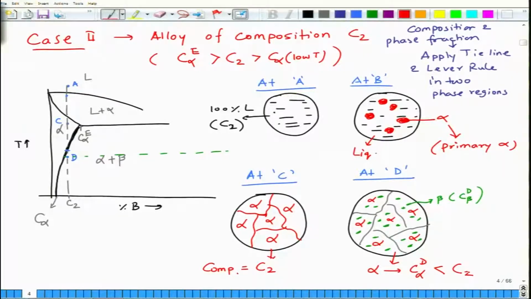Okay. So, basically an alloy of composition C2 is a mixture of alpha of composition C alpha D plus beta of composition C beta D. The phase fractions can be found in a similar manner.